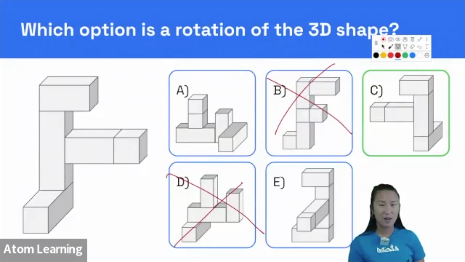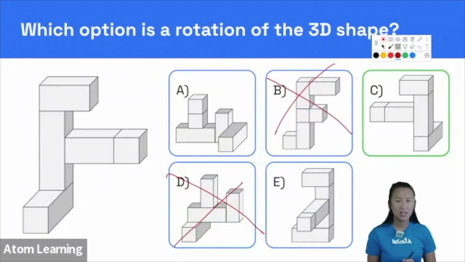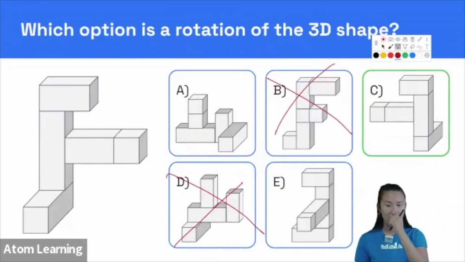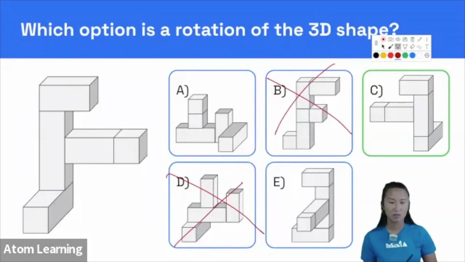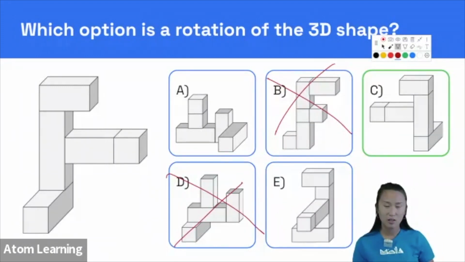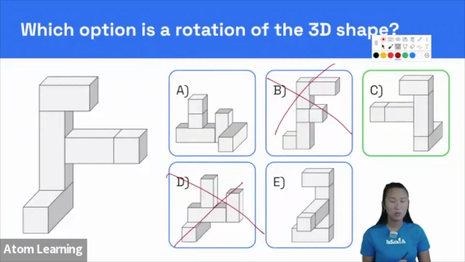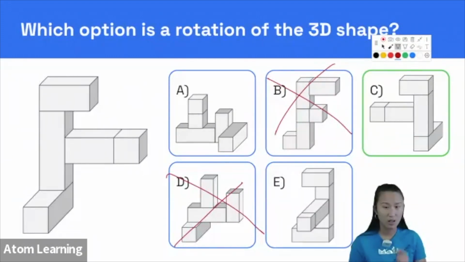Our next step is to imagine rotating our 3D shape. So imagine pushing it over in all of the various different directions and comparing this to our remaining answer options. If we look at option A, it actually contains 2 cubes instead of 1. So we can also rule it out.